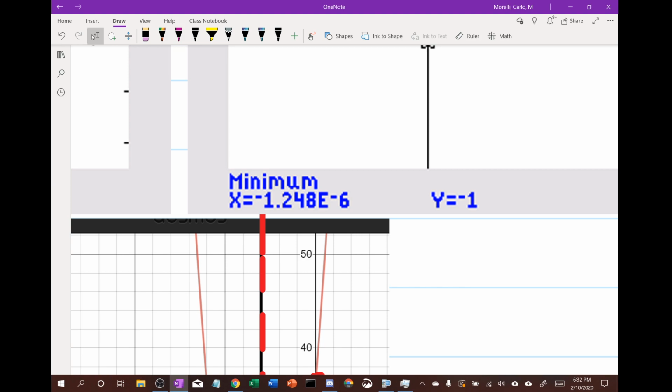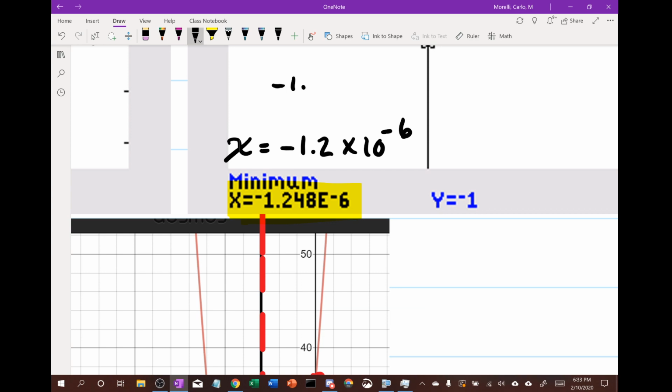So anyway, check this out. Look at this x-intercept. It looks like it's not 0, right? But we know visually we can look at that and say, that's 0. Okay? So here's the deal. This is saying x is equal to negative 1.2 times 10 to the negative 6th power. Let me show you what that looks like.